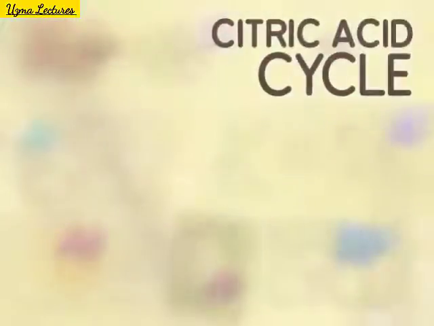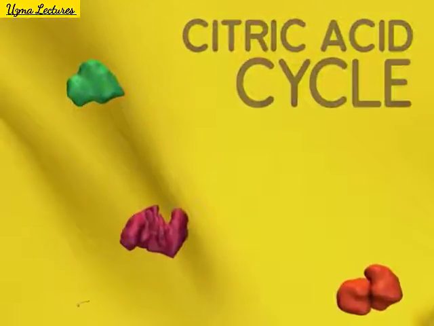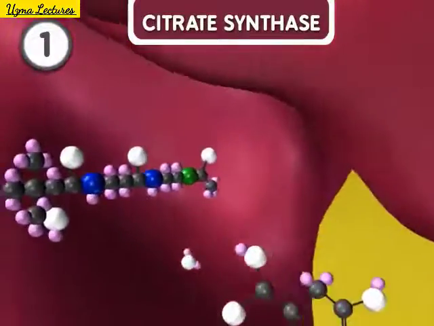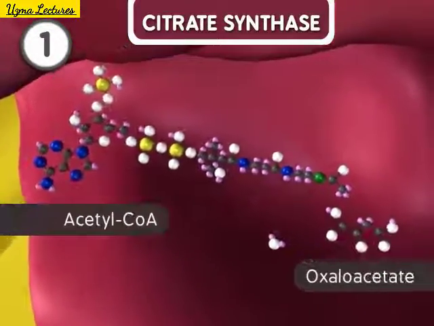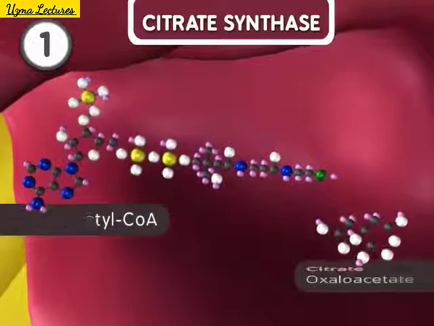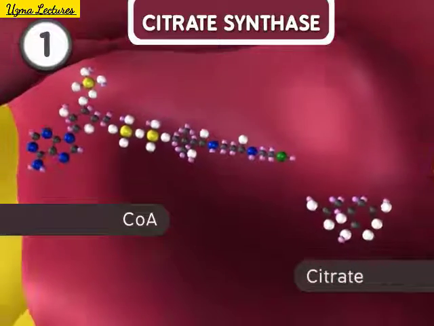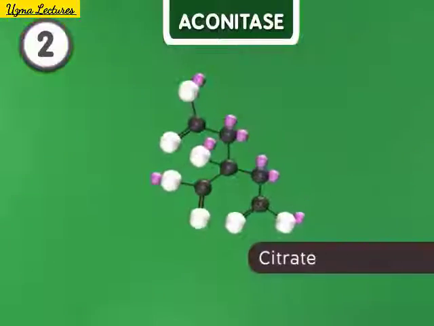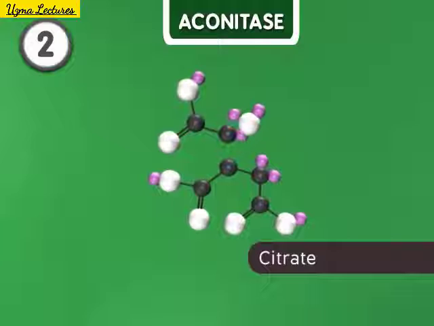In the first step of the cycle, an enzyme called citrate synthase joins the 2-carbon acetyl group from the acetyl coenzyme A with the 4-carbon oxaloacetate to form 6-carbon citrate. In step 2, an enzyme called aconitase converts the citrate into isocitrate.